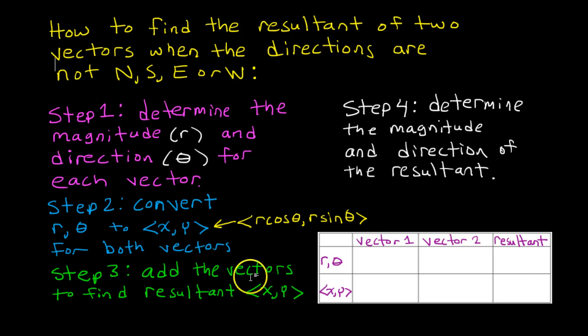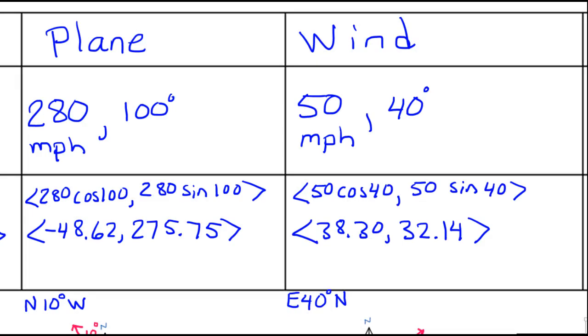Step 3 is to add the vectors to find the resultant vector in component form. So let's go ahead and add these vectors together. So we're just going to add the corresponding components. So negative 48.62 plus 38.30.